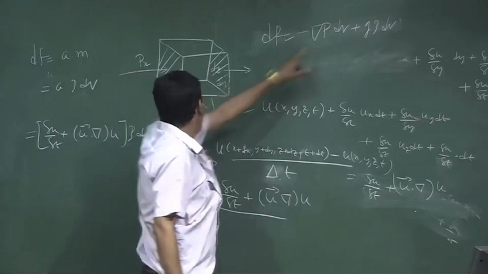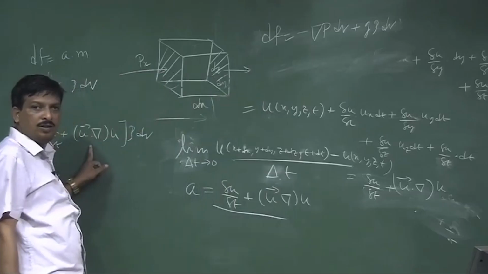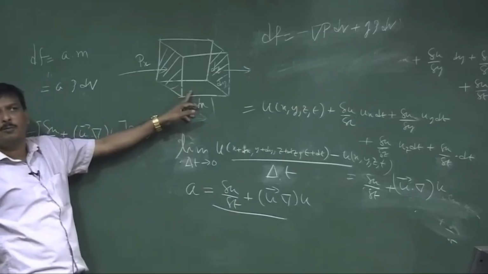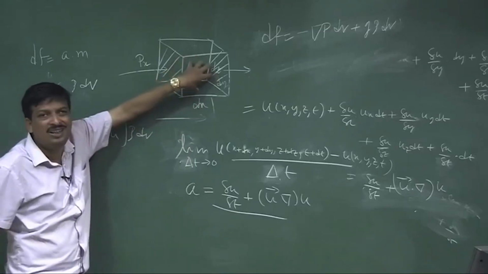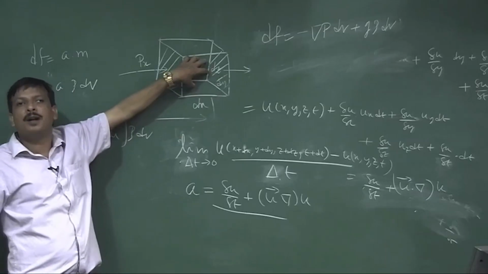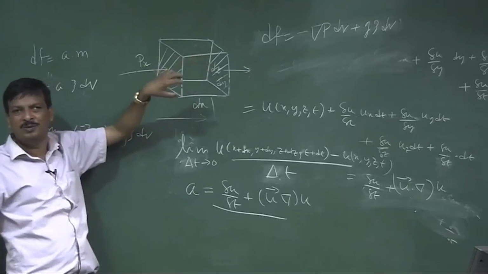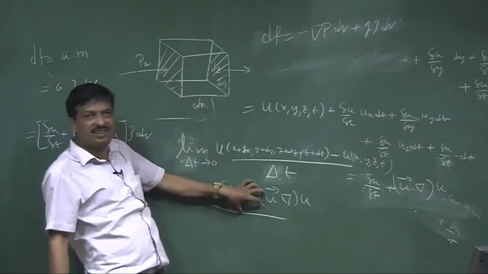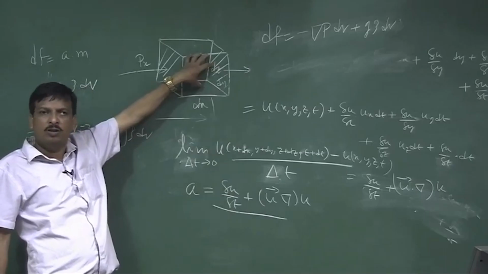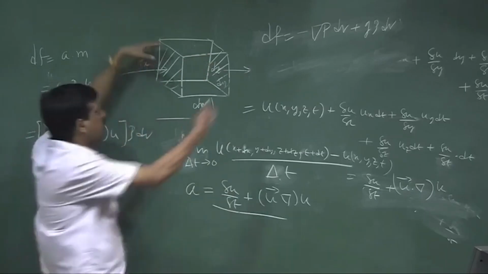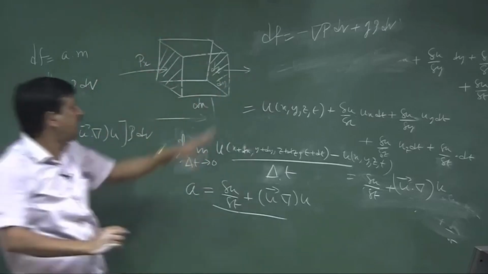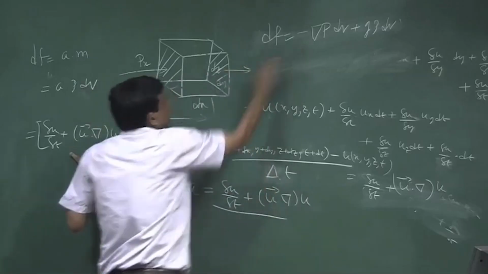So this and this must be equal, because the difference of the force acting inside the volume is produced by the particle acceleration inside the volume. So the particle acceleration multiplied by the mass is equal to the total force. Total force is the force applied from all directions minus the force exiting in all directions.